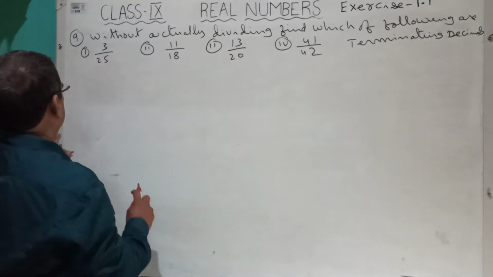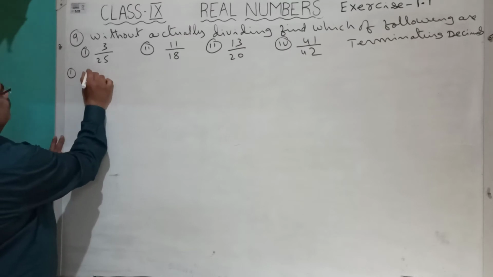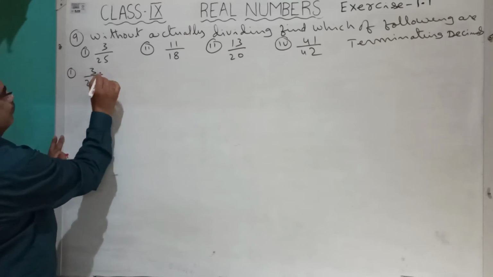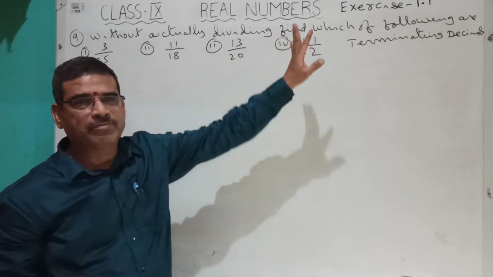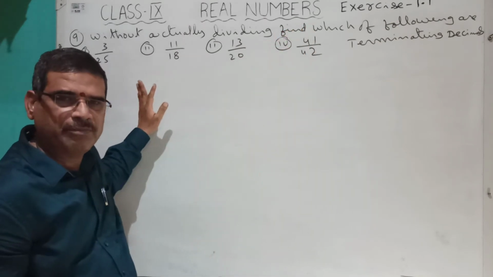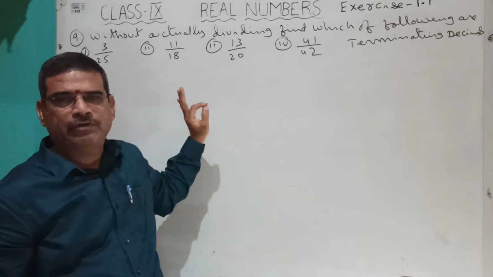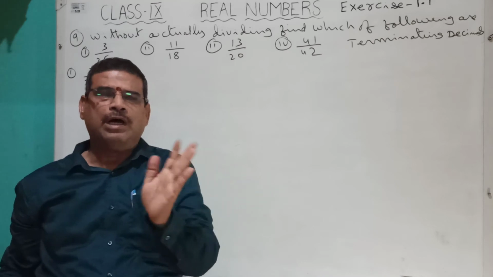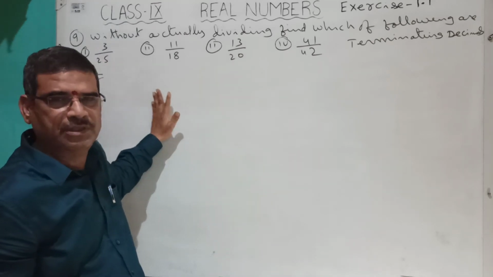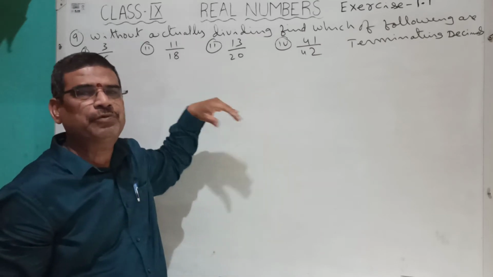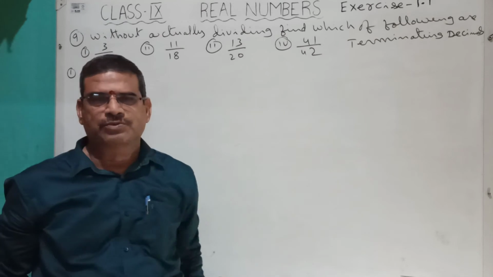So the first one I am taking is 3 by 25. Here you remember one thing. To get a terminating decimal, the denominator should have factors of 2 or 5 or both. If the denominator consists of 2 or 5, then we can easily say that the fraction is a terminating decimal.